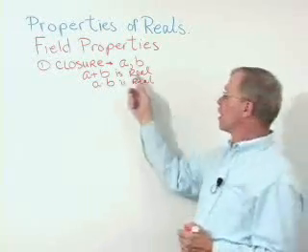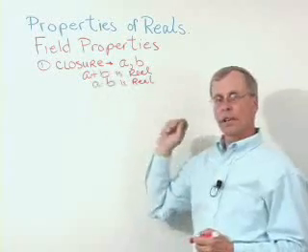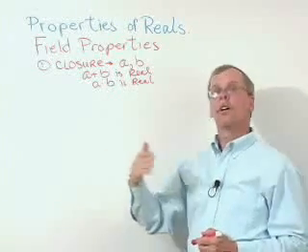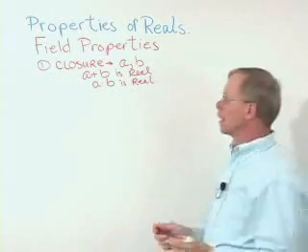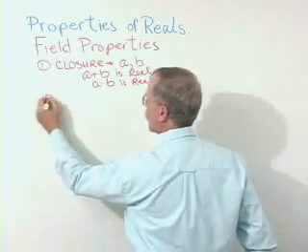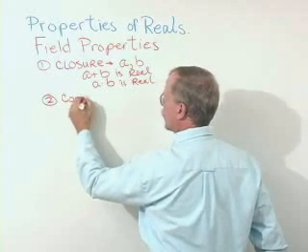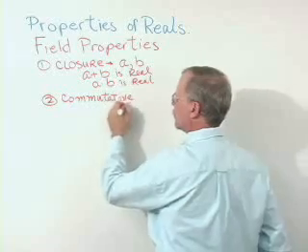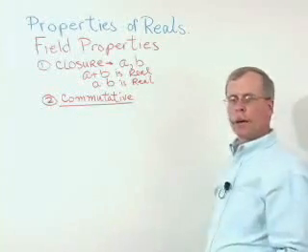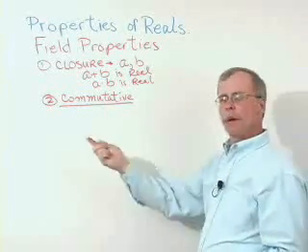Now remember, real numbers, you could add these together and get an integer or a rational, and they're still considered to be real numbers. Next, we have a property you've probably heard of, the commutative property. Commute means to go back and forth.